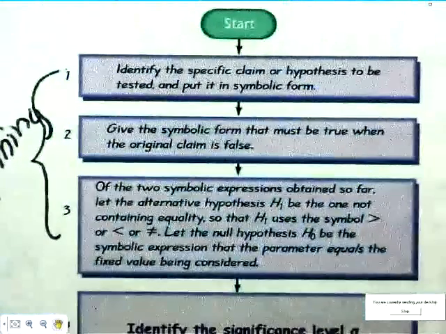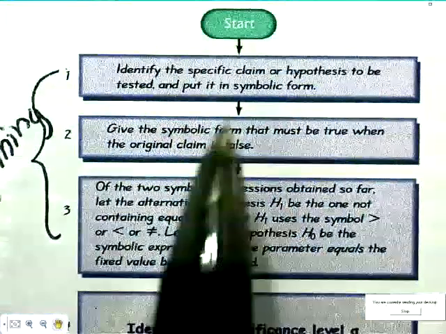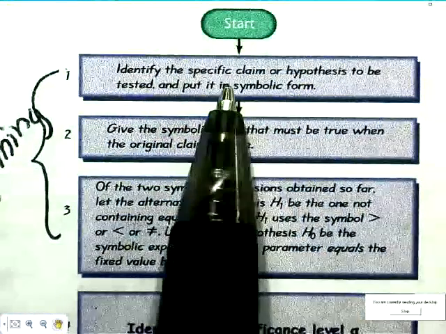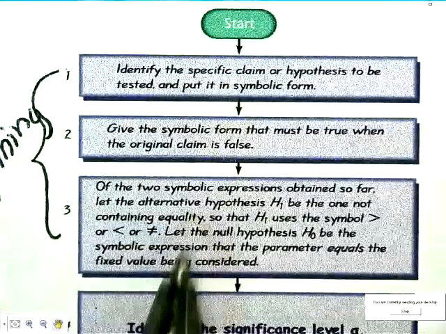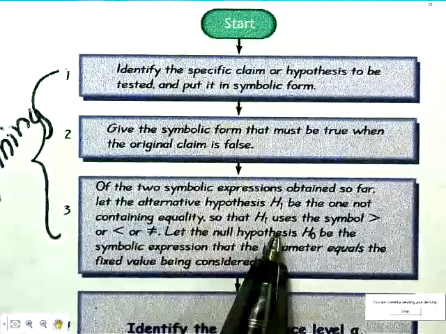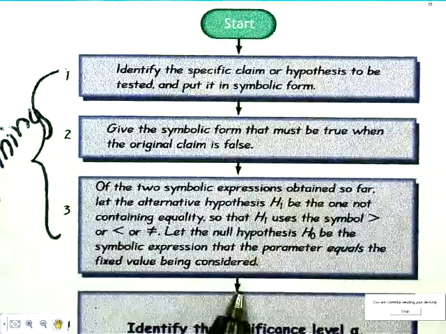Okay, that's a little better. The beginning was identify the claim, the anti-claim, the null hypothesis, and the alternative hypothesis. Those were the steps for determining the null and alternative hypothesis.